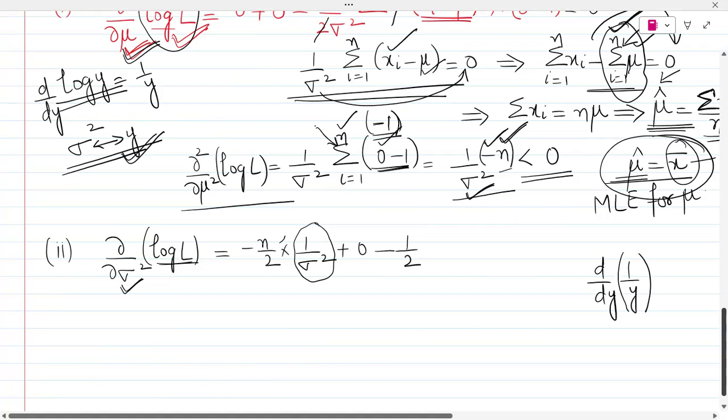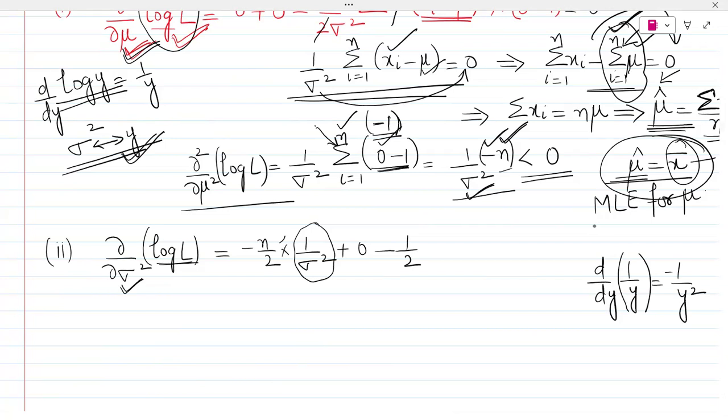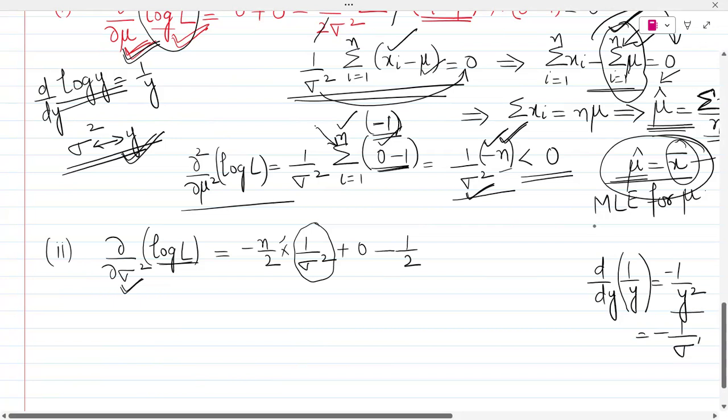Once again, this derivative is now minus 1 by y square. I think you know this, the derivative of this. That's why this is minus 1 by y square, and y square is sigma raised to power 4, because what is our y?